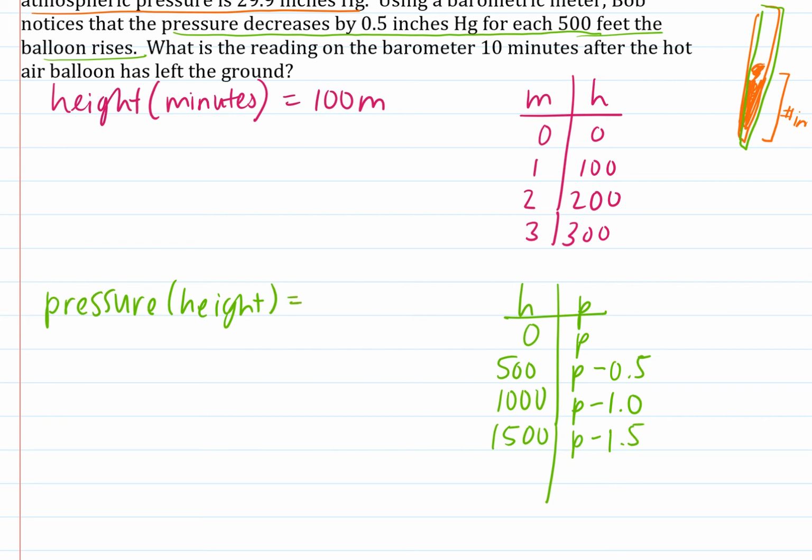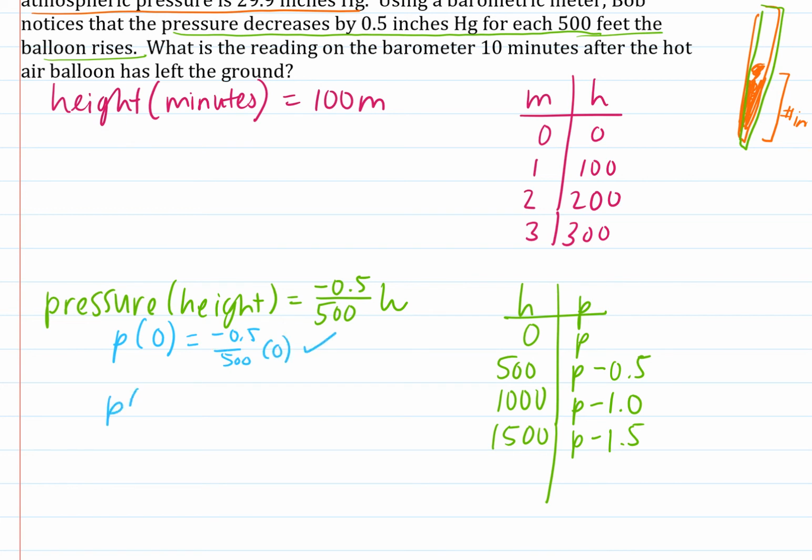So this pressure is going down, right? Multiples of negative 0.5 per every 500 feet. Let's double check a couple values to make sure this makes sense. If we substitute in 0, we've got negative 0.5 over 500 times 0. Well, that makes sense.